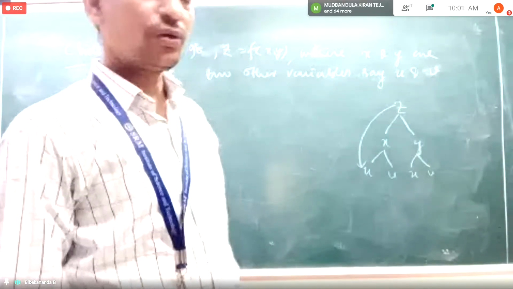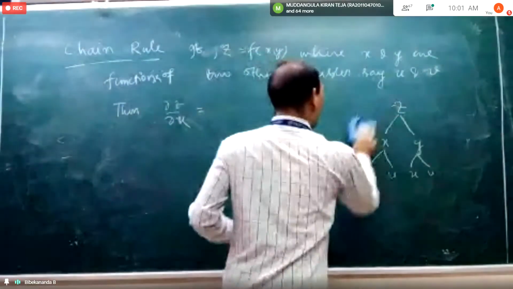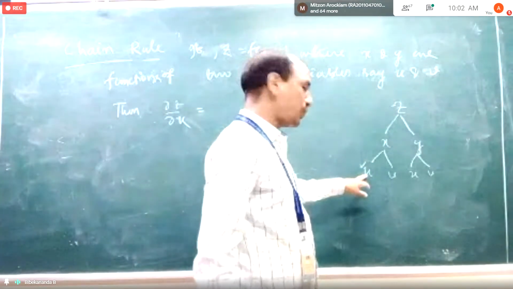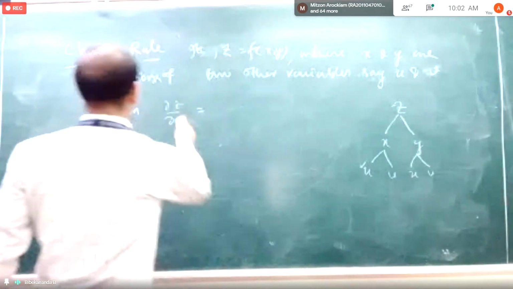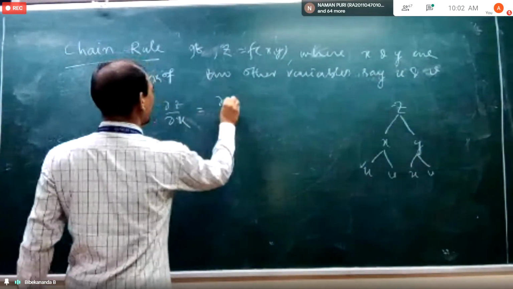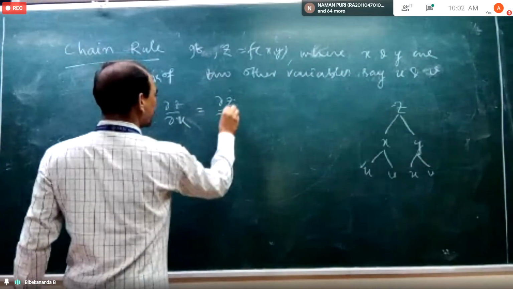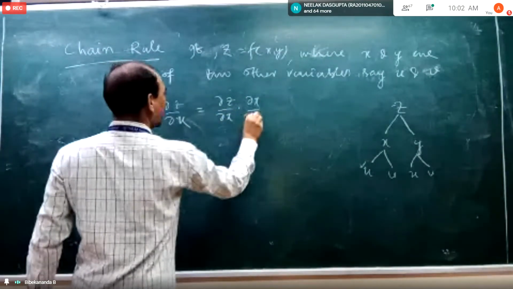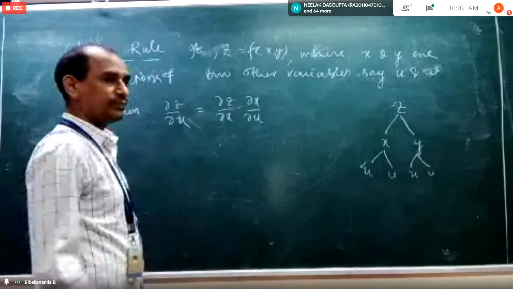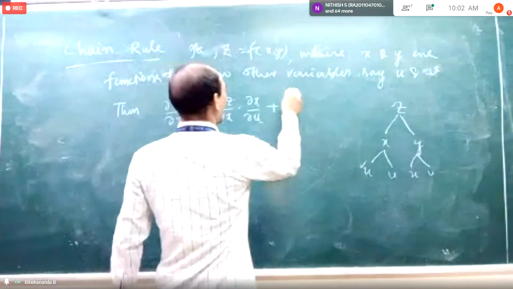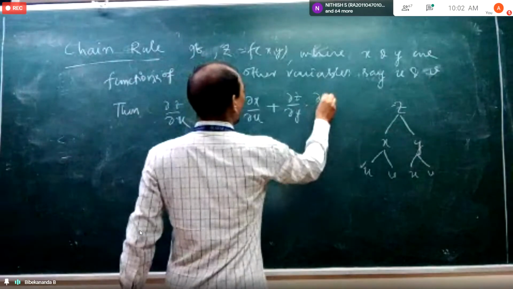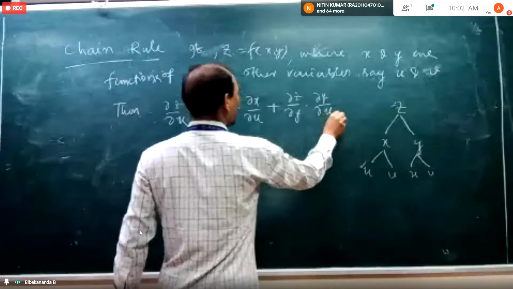Okay. So when we find the derivative of the dependent variable z with respect to u, what will we do? ∂z/∂u equals ∂z/∂x into ∂x/∂u plus ∂z/∂y into ∂y/∂u.